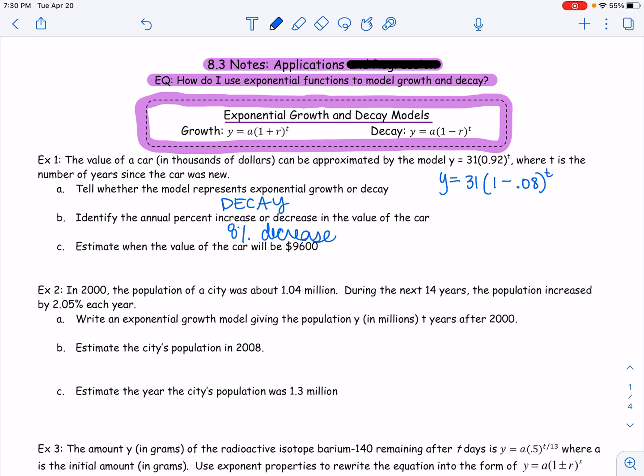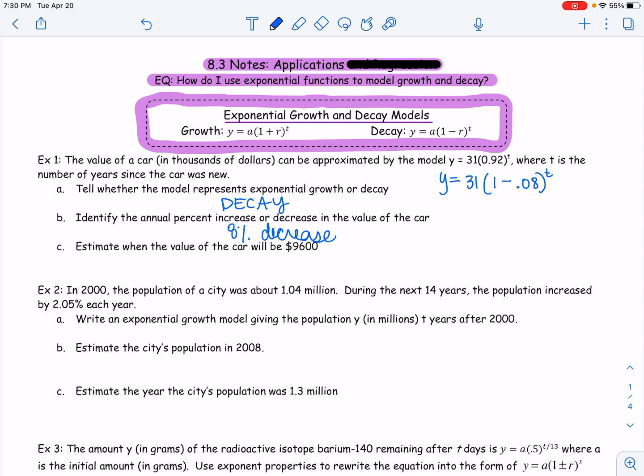Every year since the car is brand new, it's going to depreciate by 8% of its worth. Then it says, estimate when the value of the car will be $9,600. Let's pick apart what this problem is giving us. Because our initial amount is the 31, and this problem says we're putting everything in thousands of dollars, this brand new car was worth $31,000. Every year that you have it, it depreciates 8%.